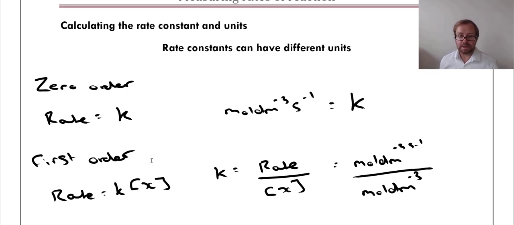Therefore, these two mole dm^-3s are going to cancel out, which means I'm going to be left with units of s^-1.